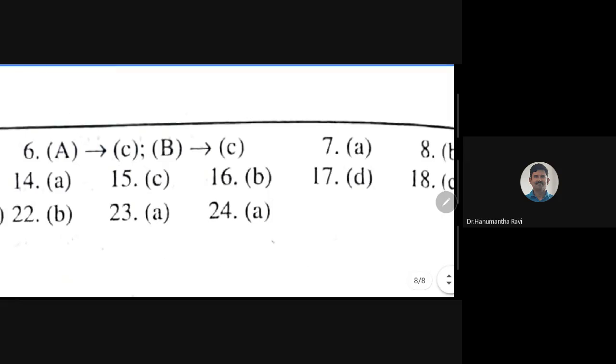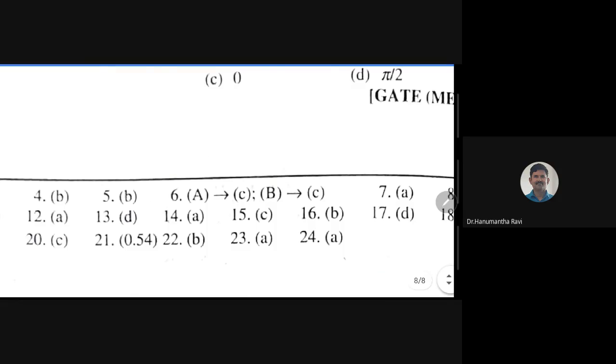So this is what we have about second order differential equations.